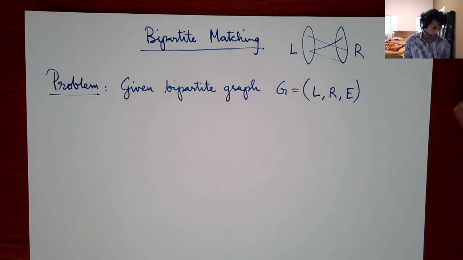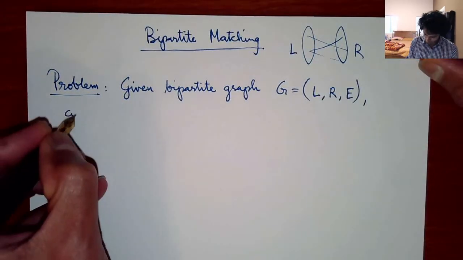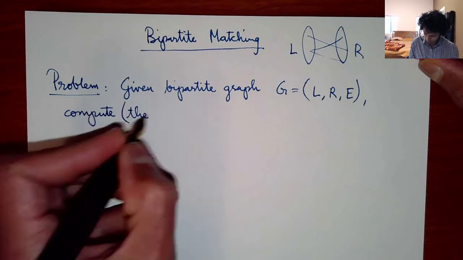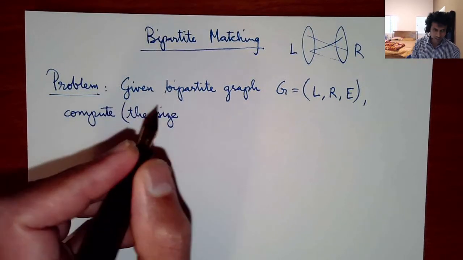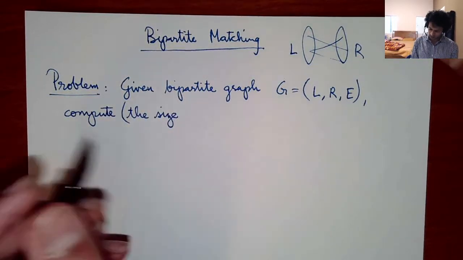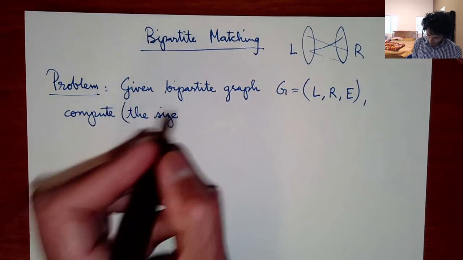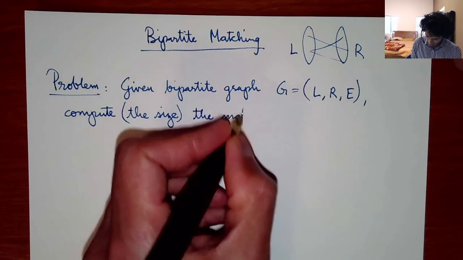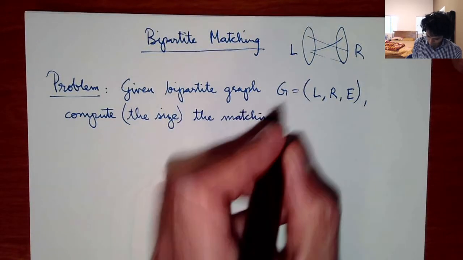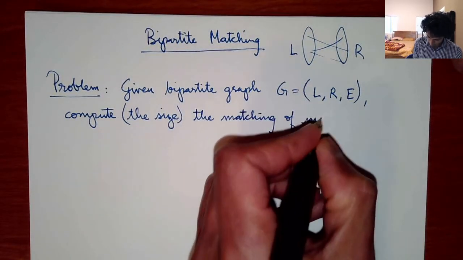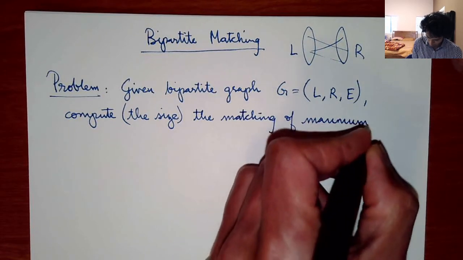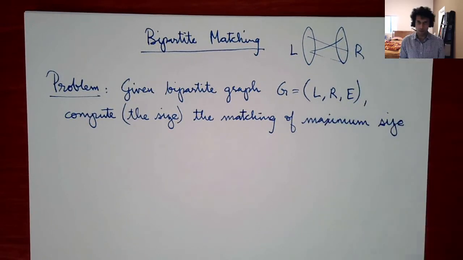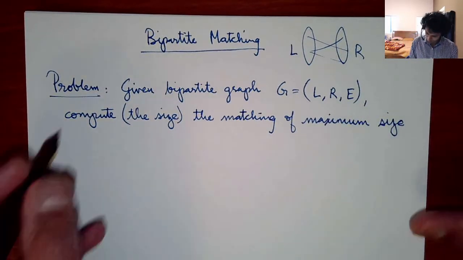Given a bipartite graph G, compute both the size and the matching. Compute the size, the matching of maximum size. Okay, this is the problem of maximum matching.